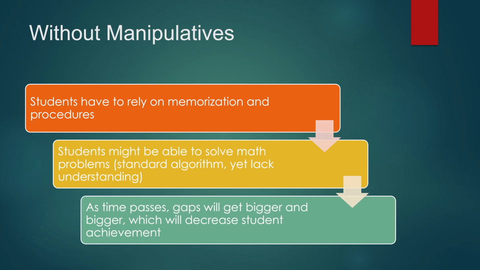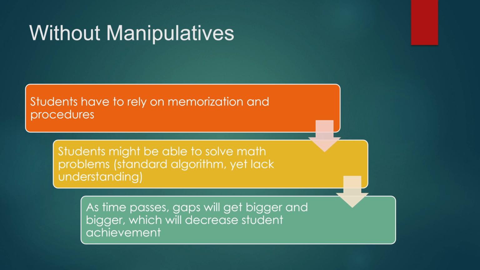Okay, so what does it look like if students are not being taught using manipulatives? Well, when we're not using manipulatives or we're not using them consistently, students are going to have to rely on memorization and procedures to complete mathematical tasks and activities. They may learn steps to solve problems, but maybe not fully understand why those steps work.